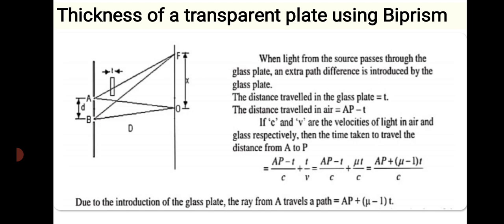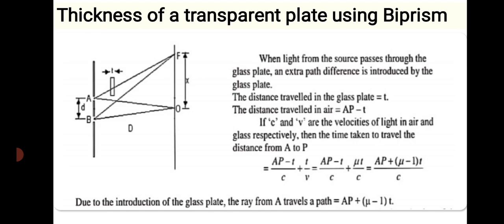If c and v are velocities of light in air and glass respectively, then the time taken to travel from A to P is (AP minus t)/c plus t/v, which is equal to (AP minus t)/c plus mu t/c, which is equal to (AP plus (mu minus 1) t)/c.